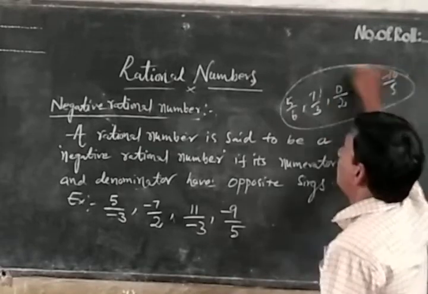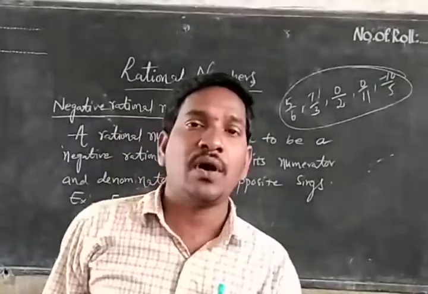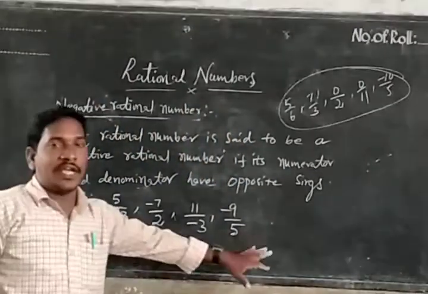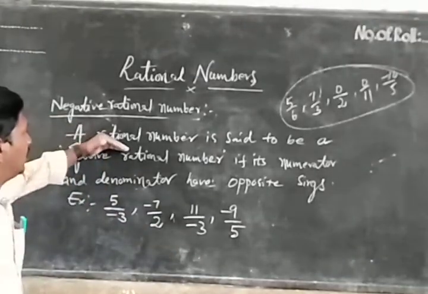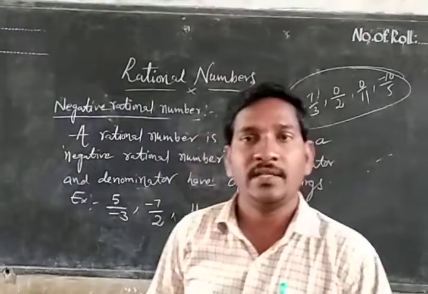All these are rational numbers. Rational numbers may be positive, negative, or 0. 0 is neither positive nor negative. So this is the class for today. Tomorrow we will learn some more things.